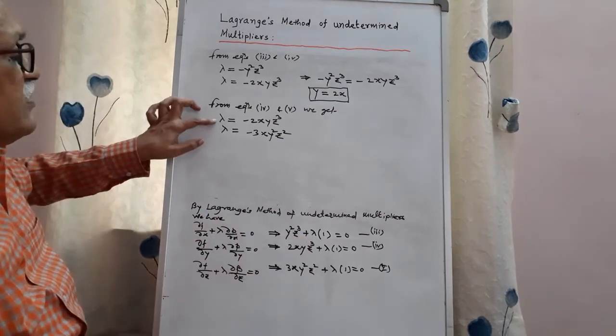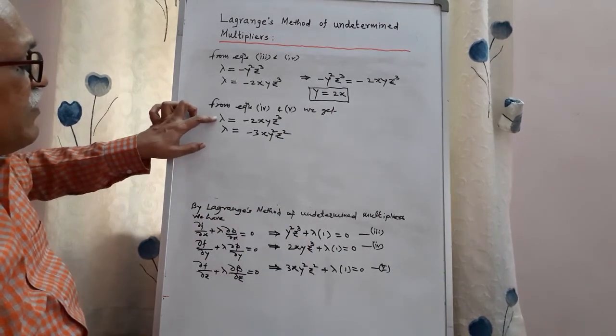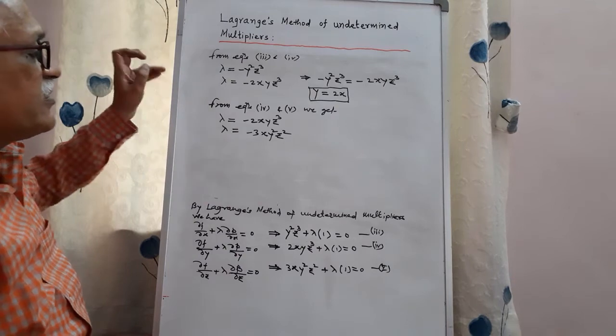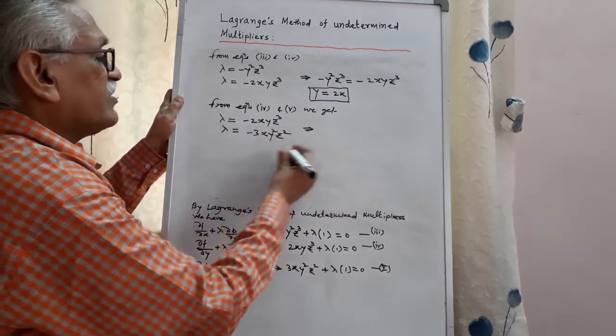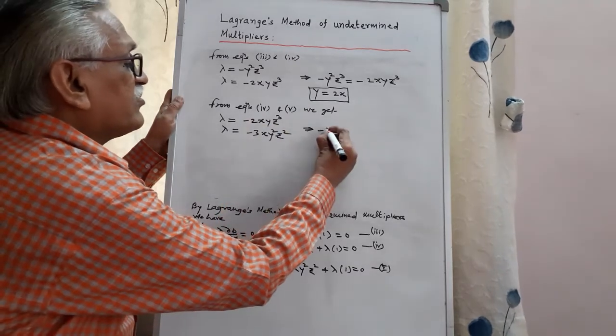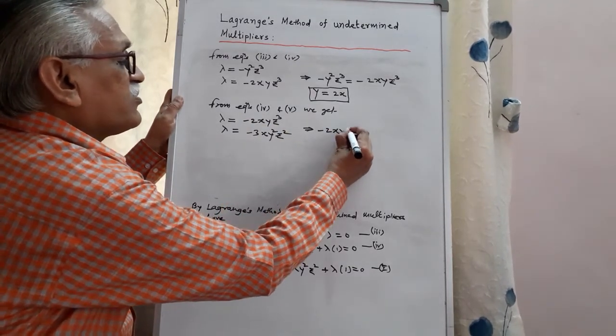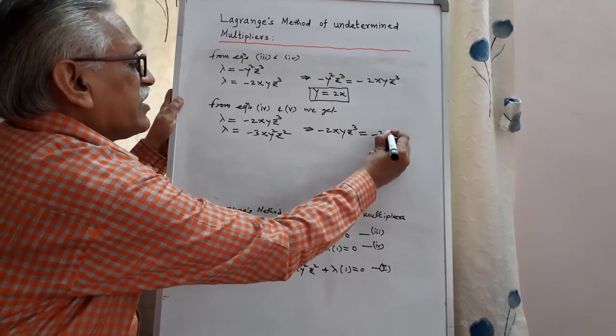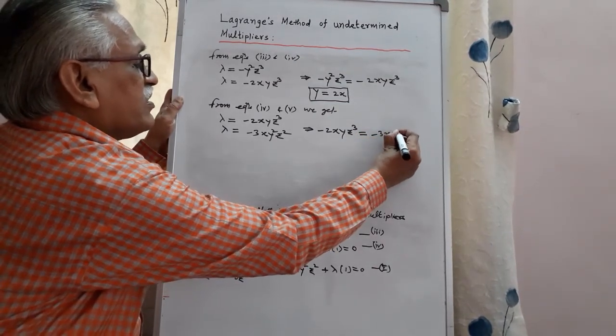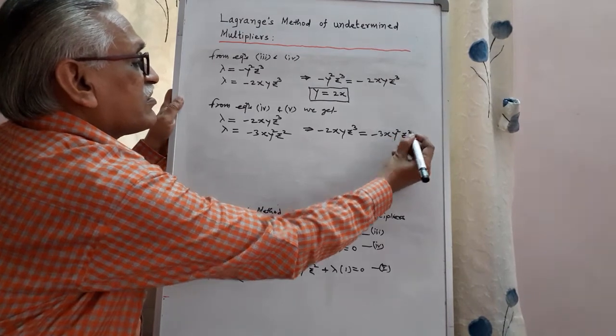Again the same term on the left hand side, lambda lambda, therefore equating the right hand side terms, it implies minus 2x y z cube is equals to minus 3x y square z square.